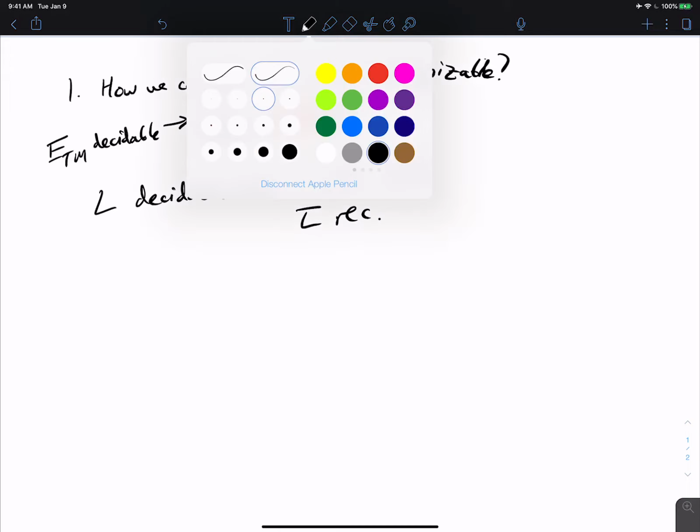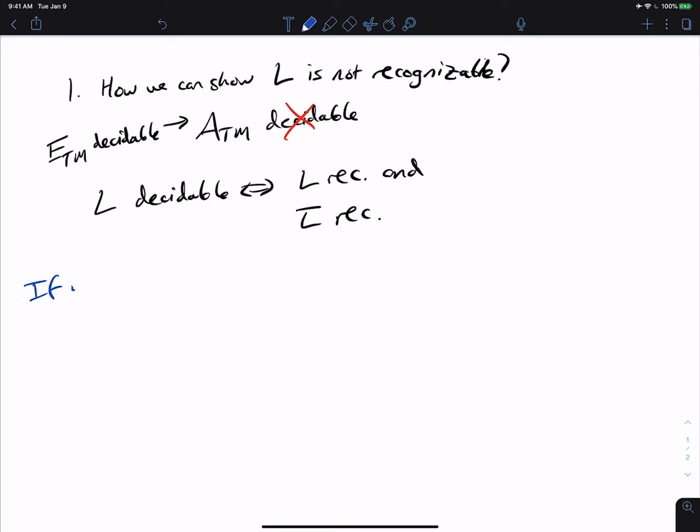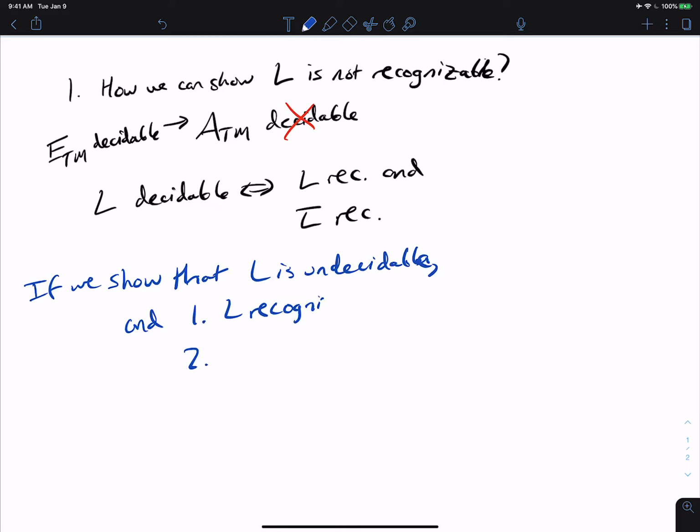So if we show that L is undecidable and L is recognizable, then that would imply L bar is not recognizable, because if it were, that would imply that L is decidable by the result we did before, and we know that it's not.